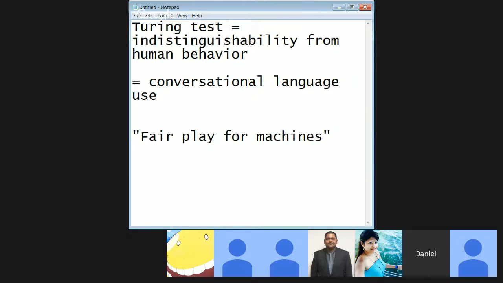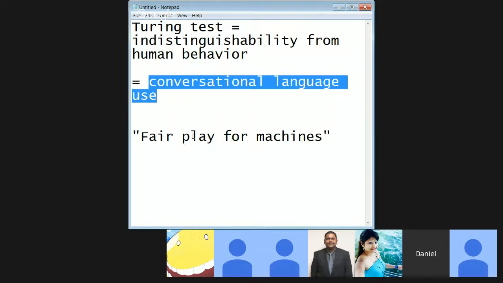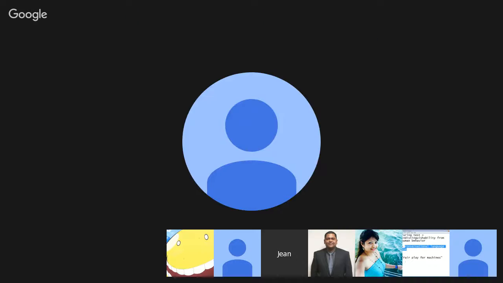So this isn't all kinds of intelligence. This doesn't guarantee that the machine can do math well, or write a poem, or paint a painting. There are lots of things that human beings can do that aren't guaranteed by a machine that can pass the Turing test. All the Turing test requires is that the machine can engage in conversational language use.